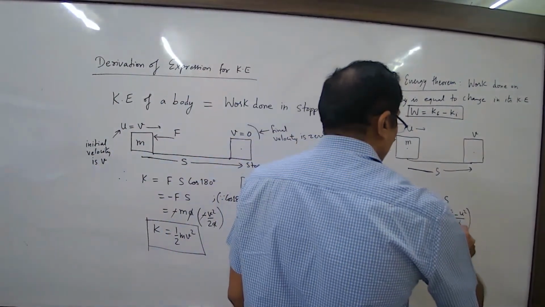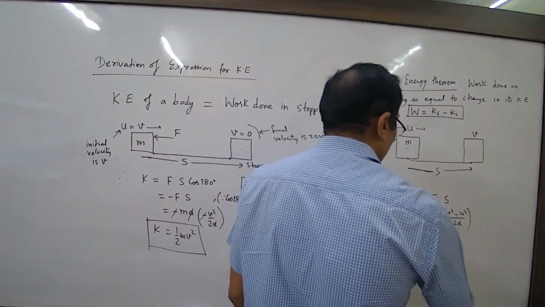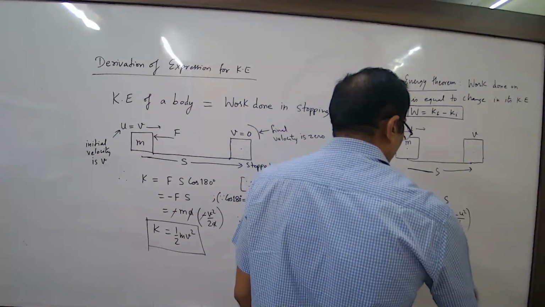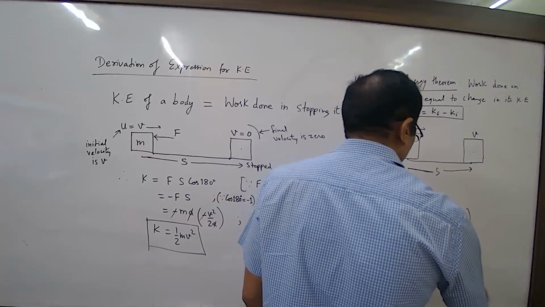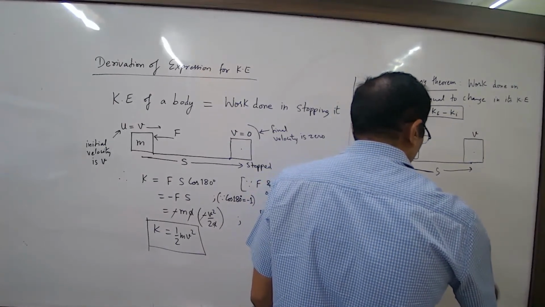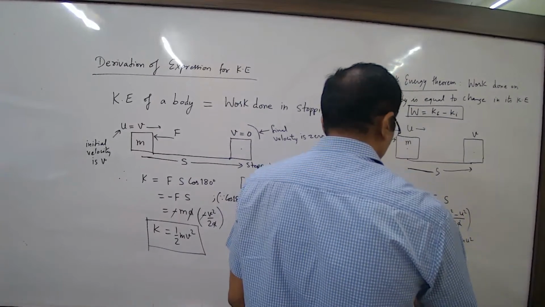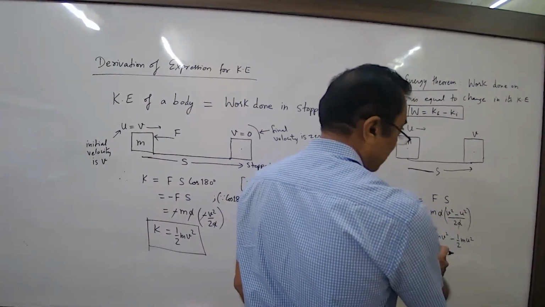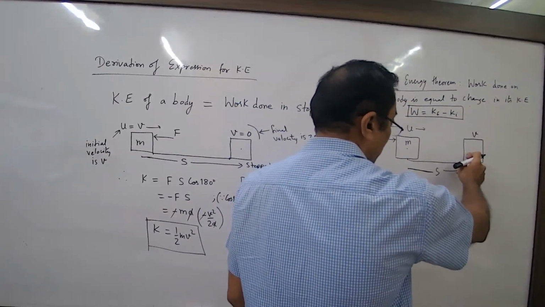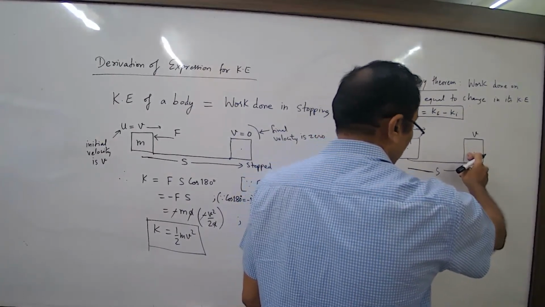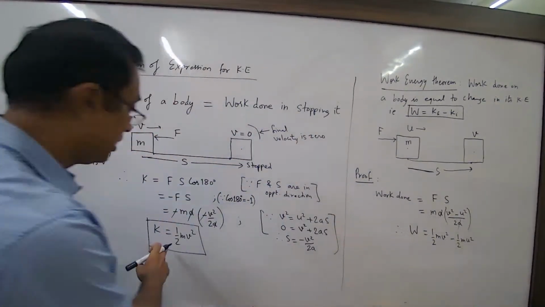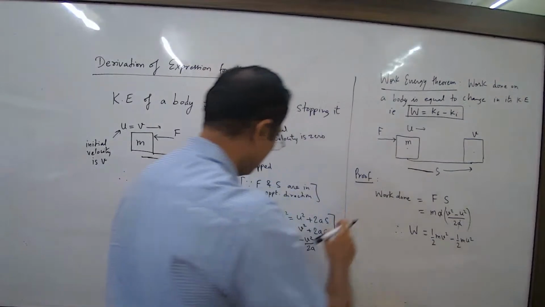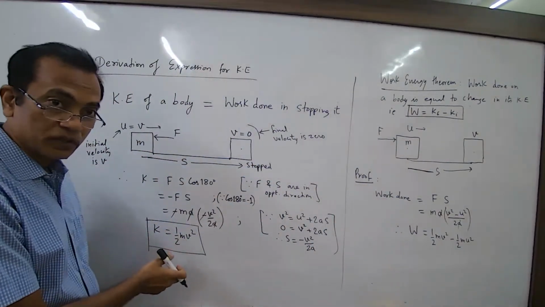So this A cancelled. So what do I have? I have half M V square minus half M U square. But what is this? This must be final kinetic energy, because when the object is moving with velocity v, the kinetic energy it has is half mv square. When the object is moving with velocity u, the kinetic energy is half mu square.